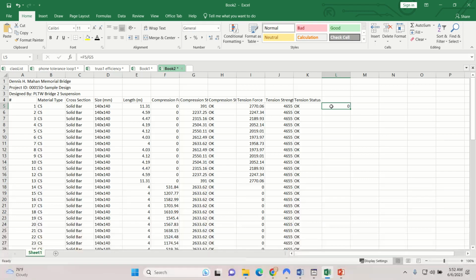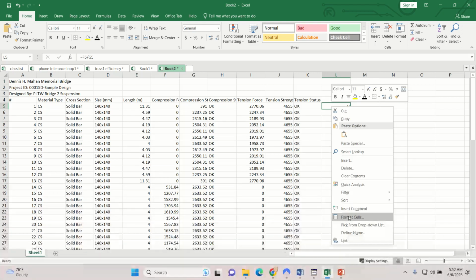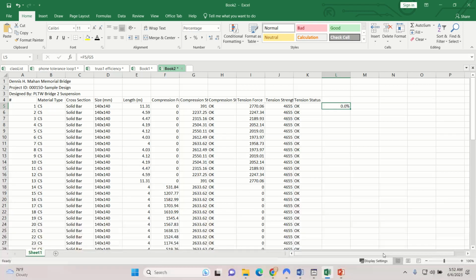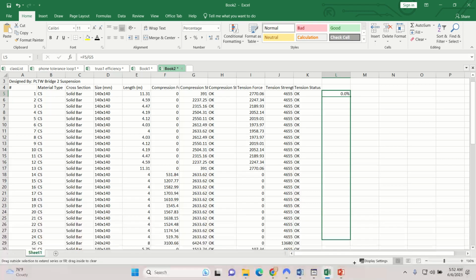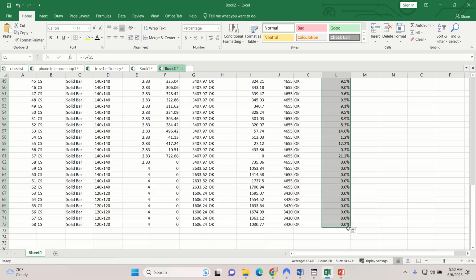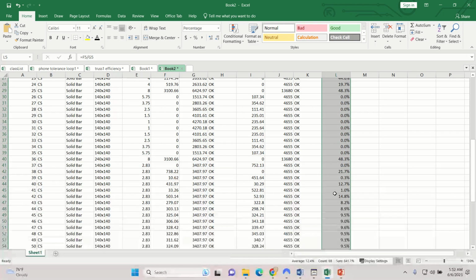I want this as a percent, so I right click, format cell, percentage, 1 decimal place. Then I click and drag this little corner all the way down to the bottom, and that copies it down so I can see all of my different ones.